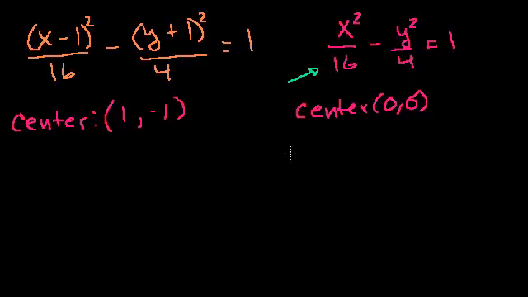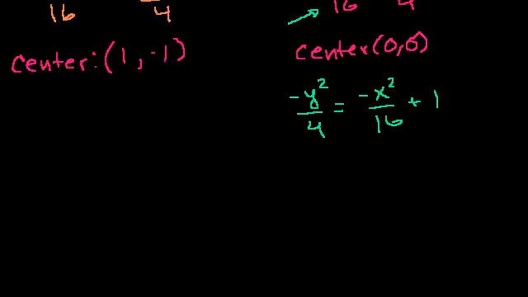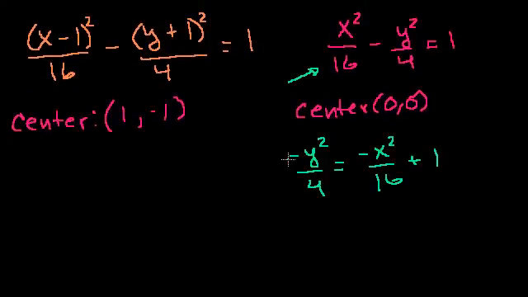So we get minus y squared over 4, subtracting x squared over 16 from both sides, is equal to minus x squared over 16 plus 1. I'm working on this hyperbola right here, not this one. And then I'm just going to shift it later.